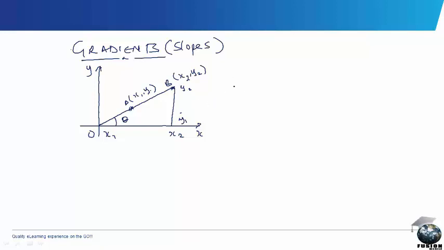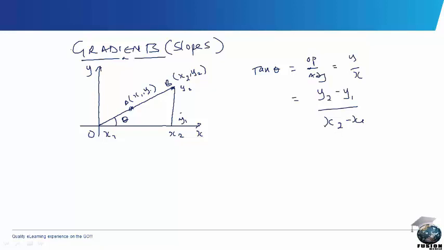The tangent, tan theta, of the triangle will be equal to opposite over adjacent. The opposite side is y and the adjacent side is x. To find the difference, we do y2 minus y1, and then x2 minus x1.